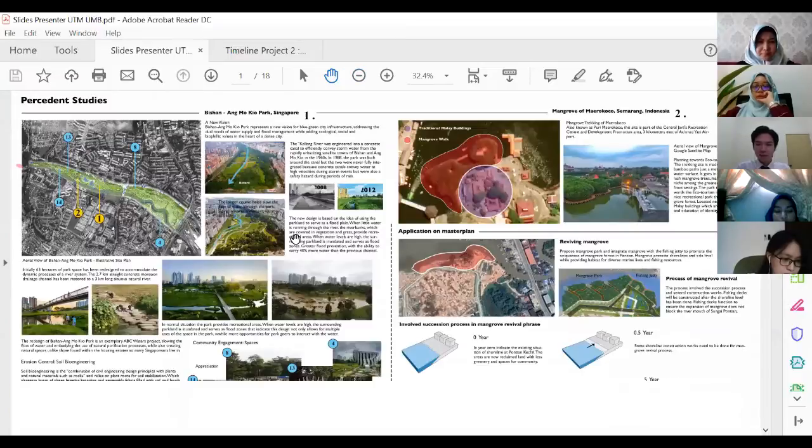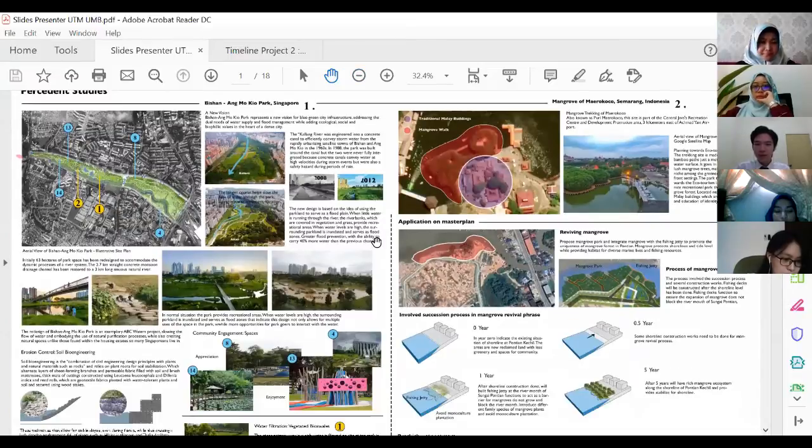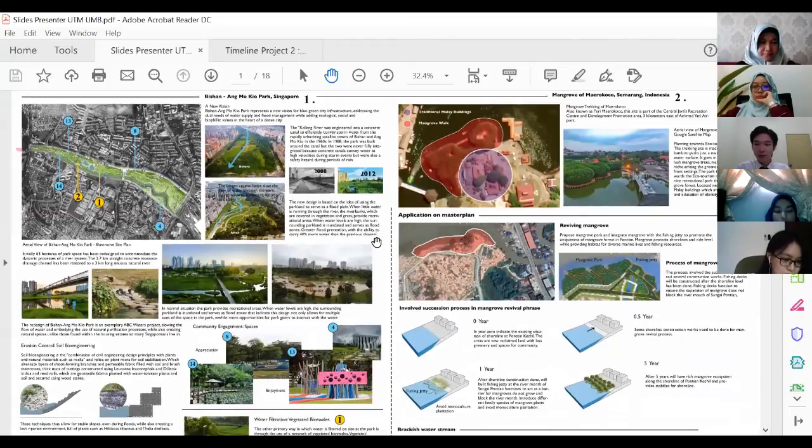The second precedent study is a mangrove park that gives scenic views and tourism opportunities, located at Semarang, Indonesia. The mangrove ecosystem is basically the same as our condition here at Pontian, Johor, Malaysia.